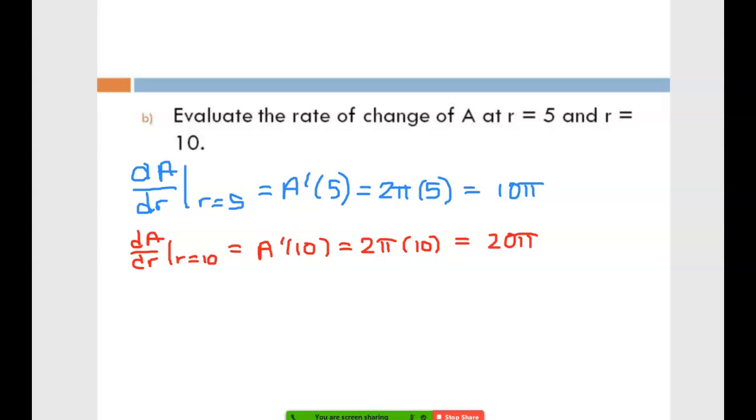Is 10 pi smaller or larger than 20 pi? Yeah, 10 pi is less than 20 pi, right? So from 10 pi to 20 pi, the rate of change is increasing.